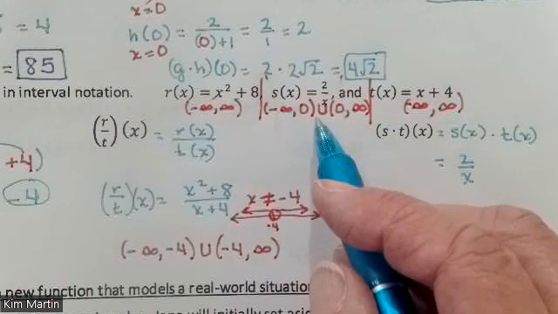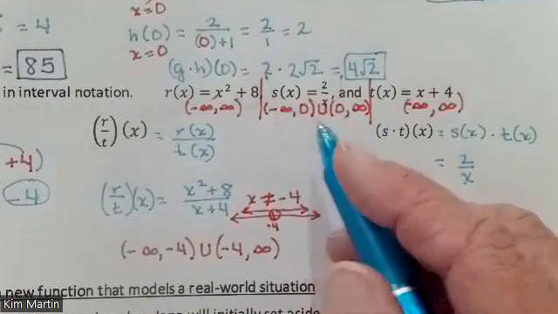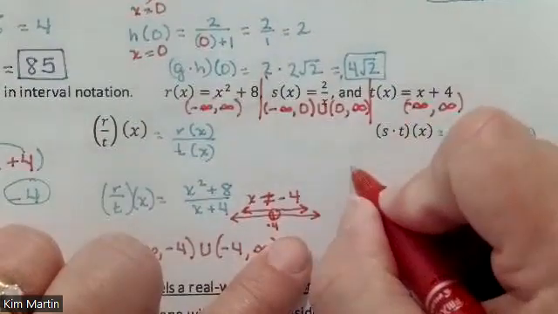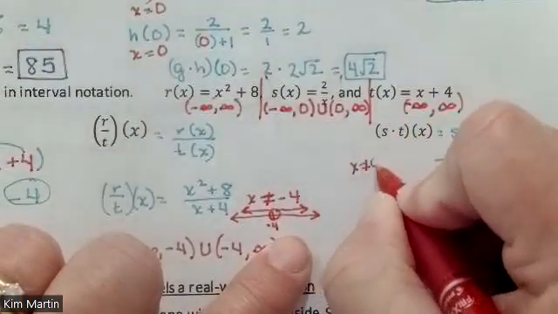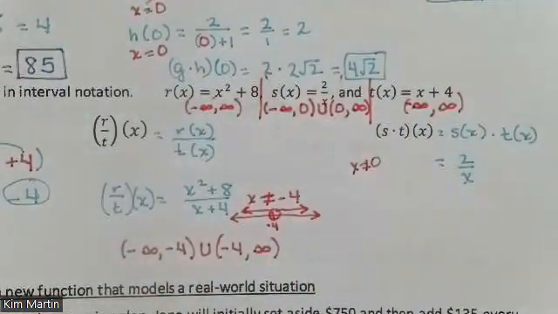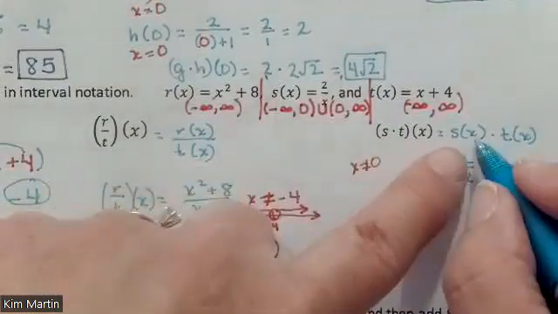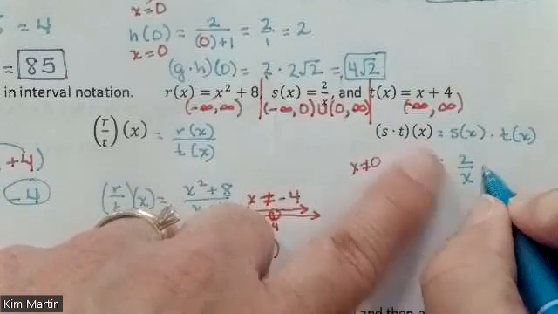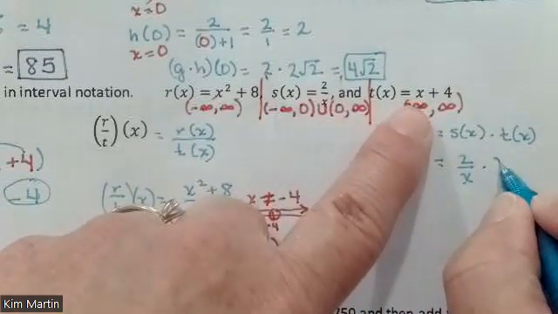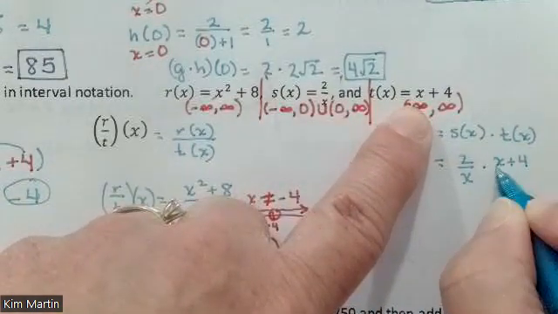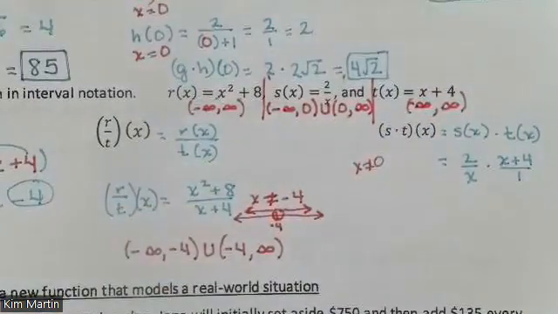It doesn't matter. But I'm telling you, 0 is a restriction. It can't equal 0 because of the beginning. You can't exclude it. It will always be there. But we're going to take our s of x, which is 2 over x, and multiply it by our x plus 4. And that's just really over 1.